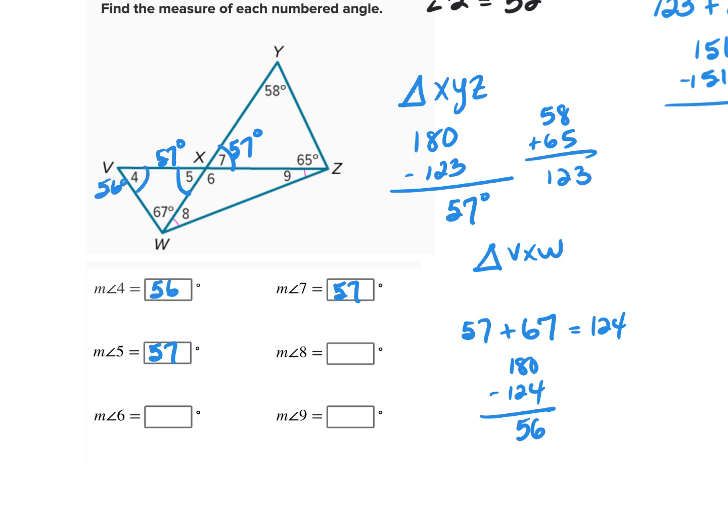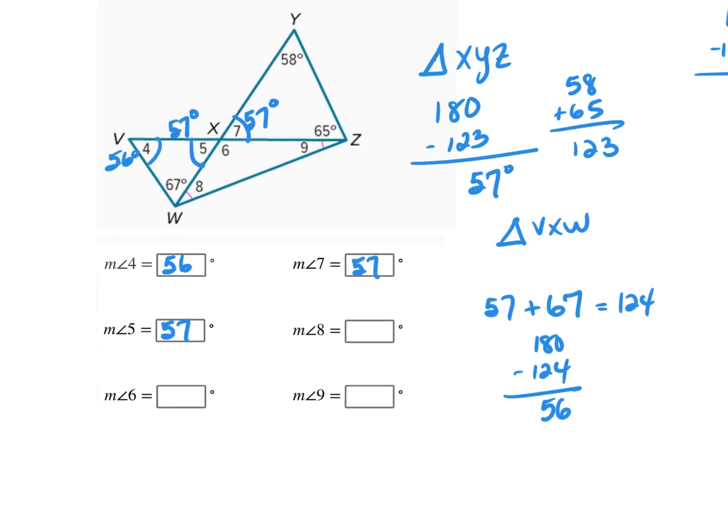Now we just have our final triangle, which is W, X, and Z. All right. And if you notice, I don't have any angles there that are indicated. But what I do see is that angles 8 and 9 have those little arcs.